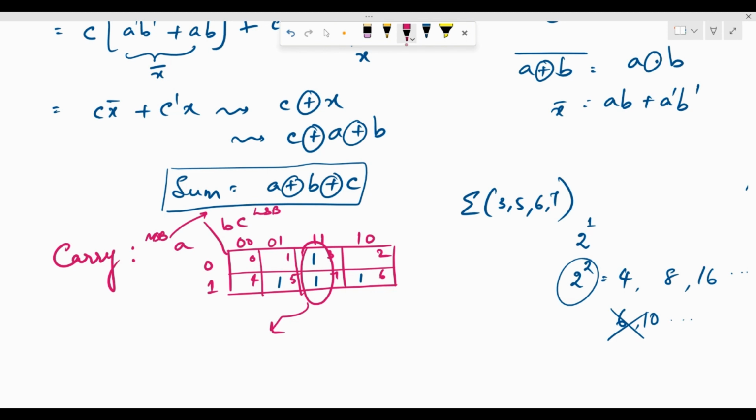So A is not constant, it is changing. So this expression is not going to have A. Now let's analyze the column. It is stretched over one single column where B and C are 1 1 for both the ones in the group. So therefore, the expression for this group is going to be BC.